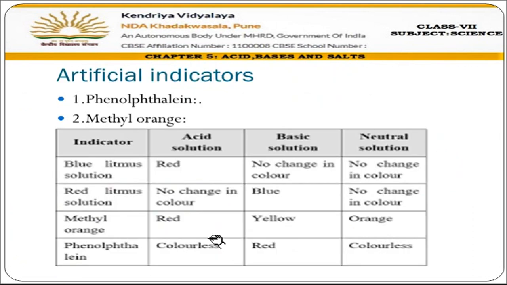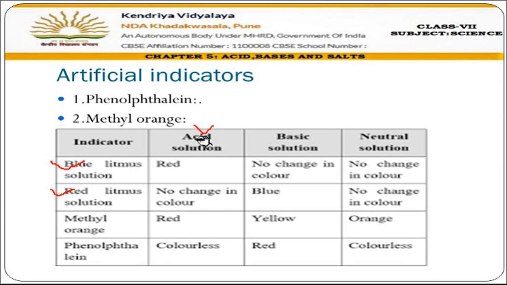Now see the artificial ones. We have two artificial indicators, phenolphthalein and methyl orange. Let's see what happens to them. First, as we have seen, there is one blue litmus paper and one red litmus paper. If you have an acid solution and you add blue litmus paper, the blue litmus paper will turn red.